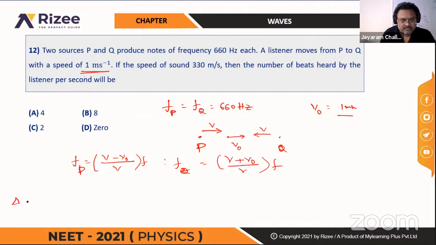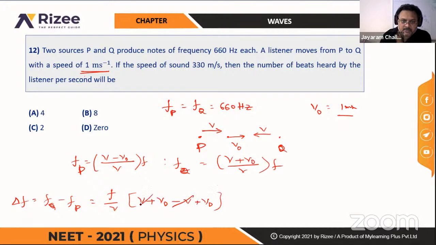So now the change in the frequency delta F is equal to frequency of Q minus frequency of P. What are the common things that we can take out? F by V if I take it outside. Then the leftover is V plus V naught minus V plus V naught.